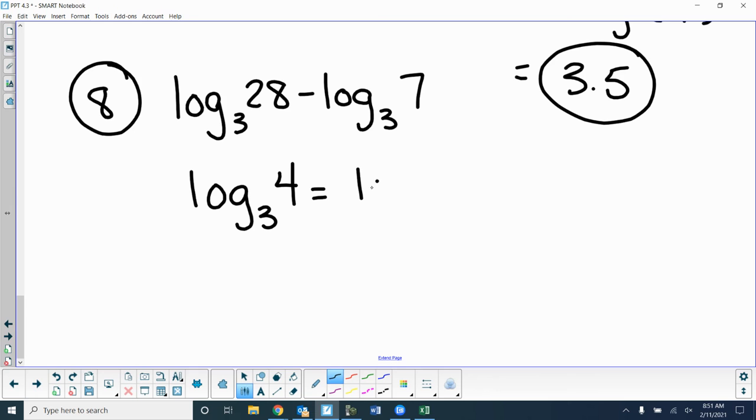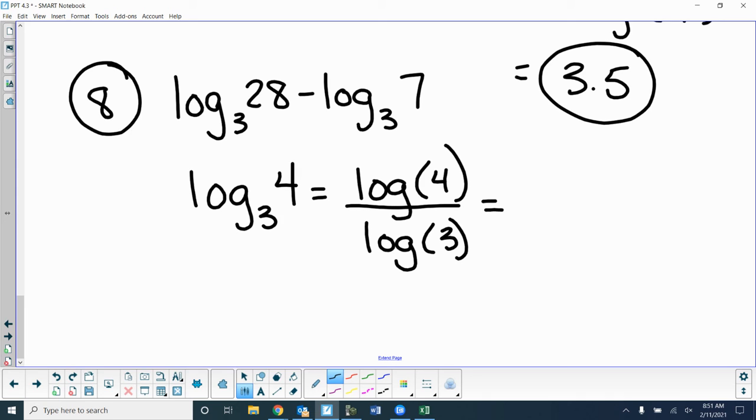And then again, I'm going to put log of 4, close it off, divided by log of 3 in the calculator. And that gives me 1.26. Yes, sir. Can we round that up to 1.3? Why would you want to do that? Yeah, that'd be okay.